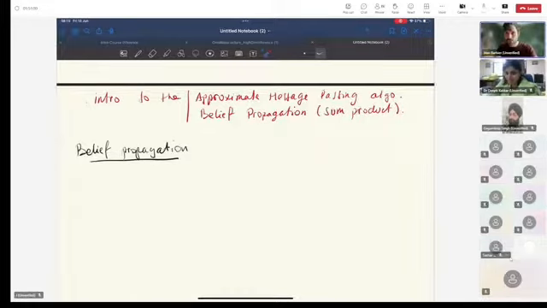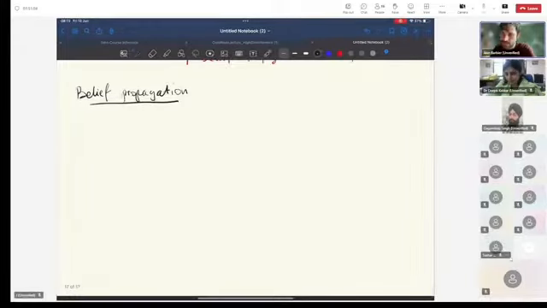So the first notion: belief propagation is an algorithm that is used to perform inference on a factor graph. So what is a factor graph? Inference for factor graphs.